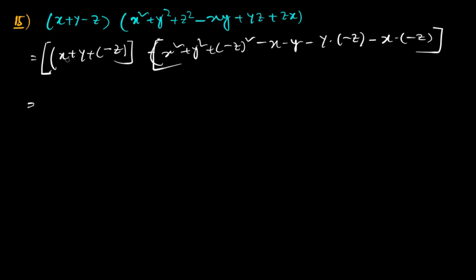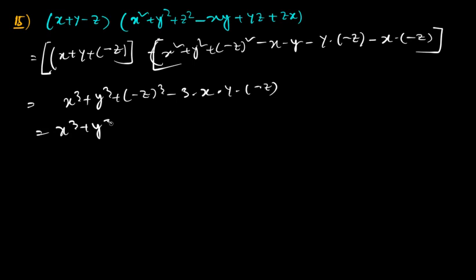So we can see it is a plus b plus c into a square plus b square plus c square minus ab minus bc minus ca, which we all know is a cube plus b cube plus c cube minus 3abc. That gives 3 into x into y into minus z, which simplifies to plus 3xyz. So that's the answer.